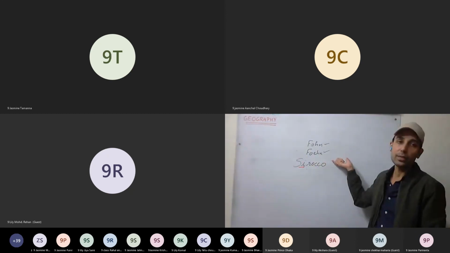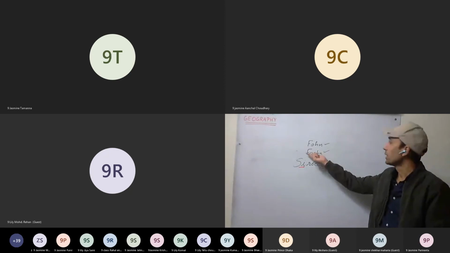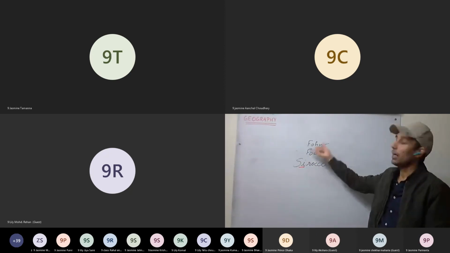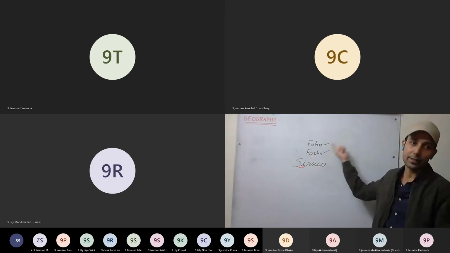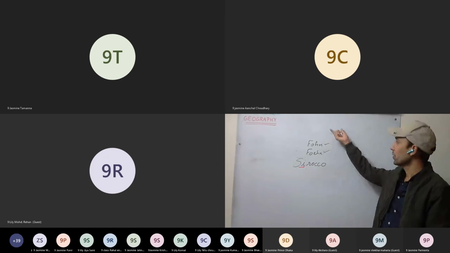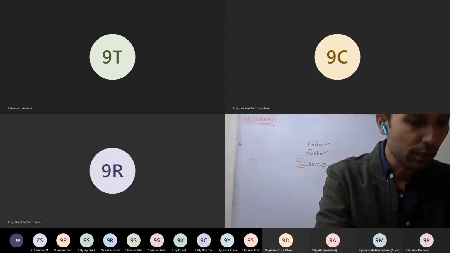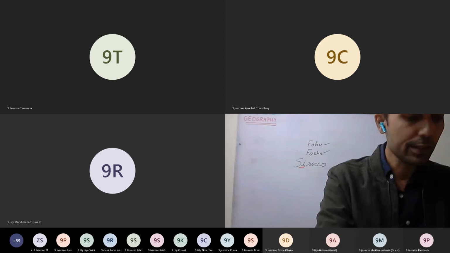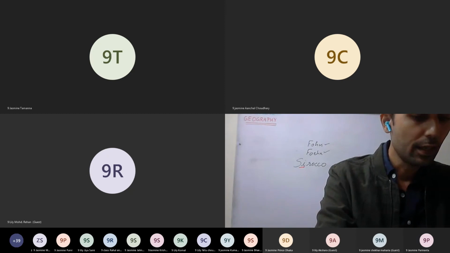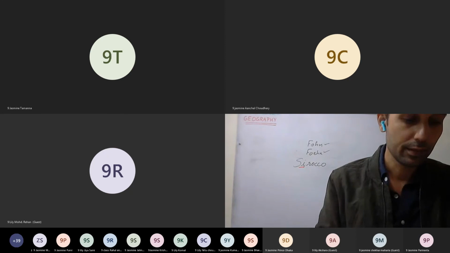Most of the heat is concentrated between the tropics. As we move towards the poles, the insolation decreases. So heat zones are created. Three heat zones we have discussed: the tropical torrid zone, then the temperate zone, then the frigid zone. So it makes life possible, supports planetary processes, and the earth is divided into heat zones based on insolation.